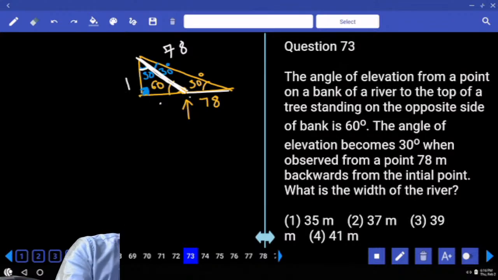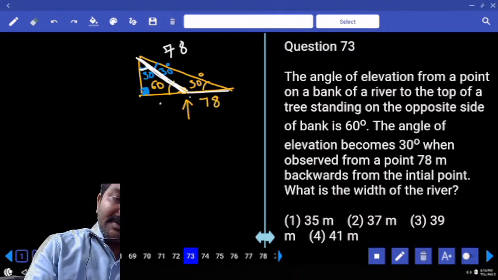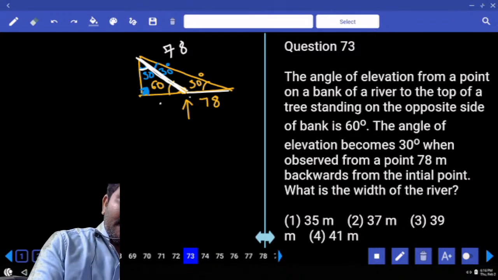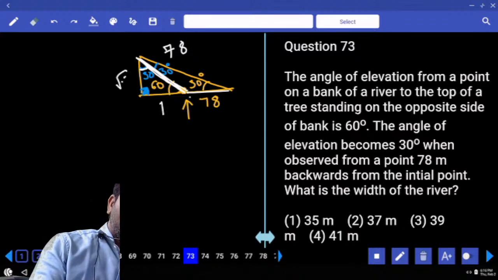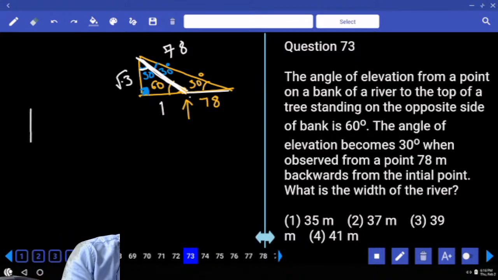Sin 30 కాదు కదా, అక్కడికి తీయాల్సింది. Wait a minute. So here this is 1, this is root 3 and this is 2. 30 degrees, 90 degrees, 60 degrees.